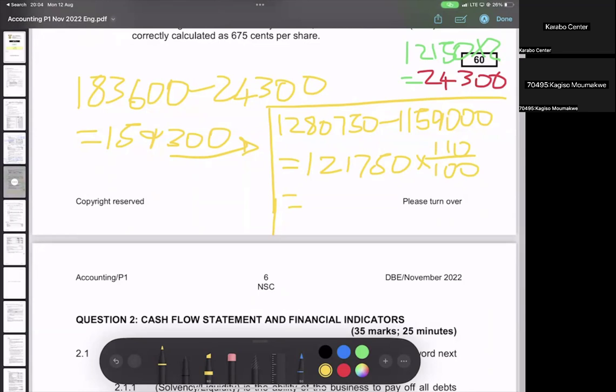And then it gives us 133,925. Do you guys get that?